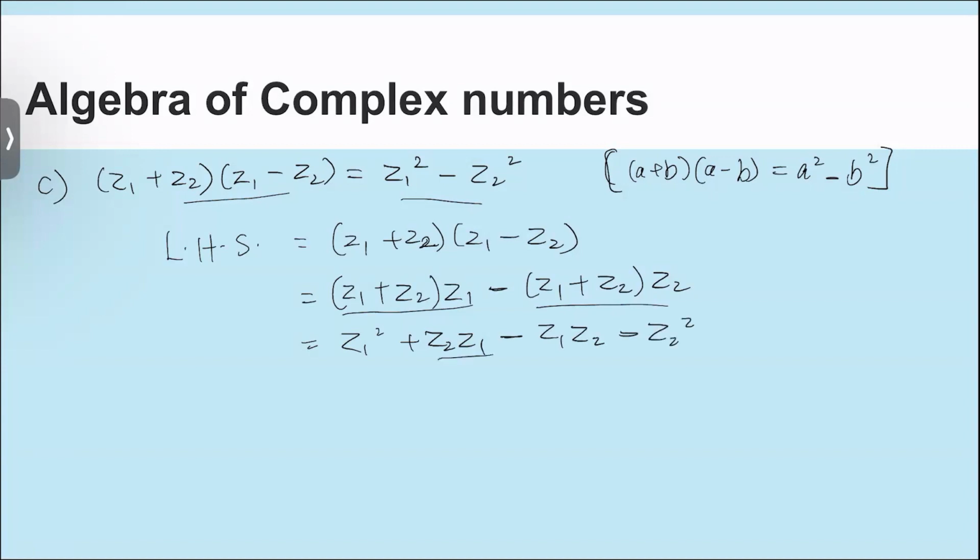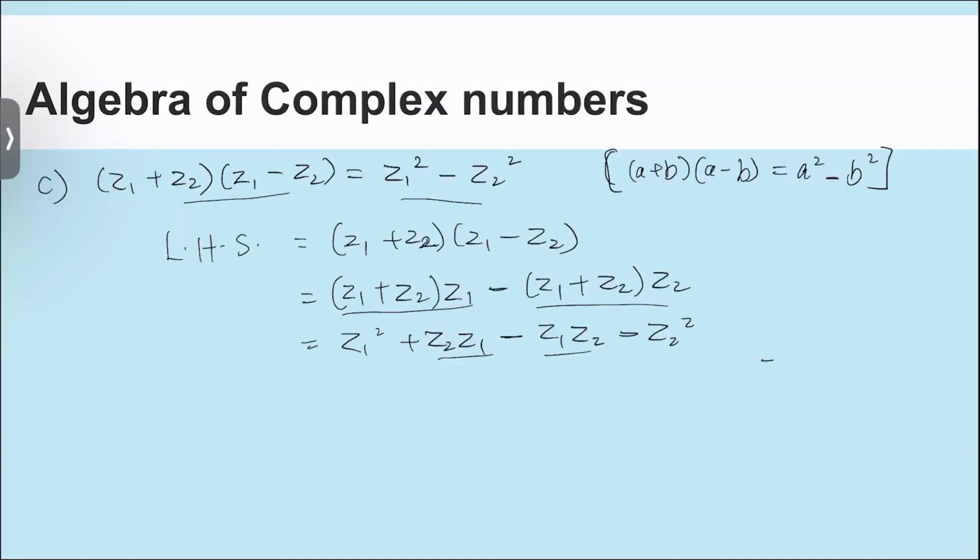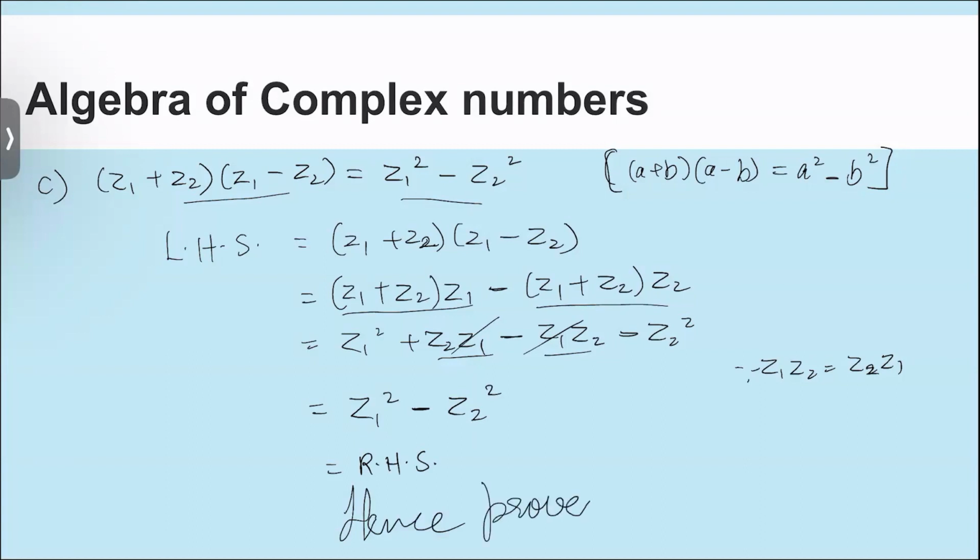Now over here, as per the commutative law that we have, z1 z2 is equal to z2 z1, so they cancel each other out. What you are left with is z1 squared minus z2 squared, which is equal to your RHS, and hence proved.